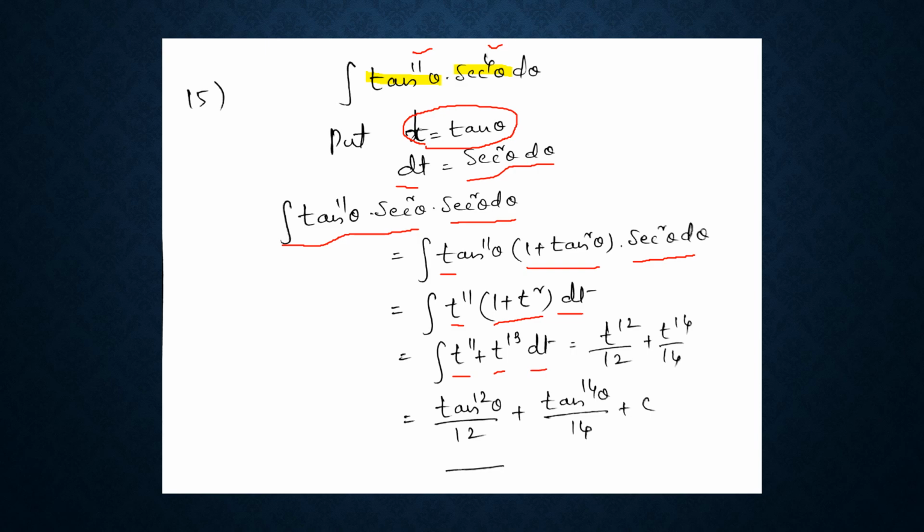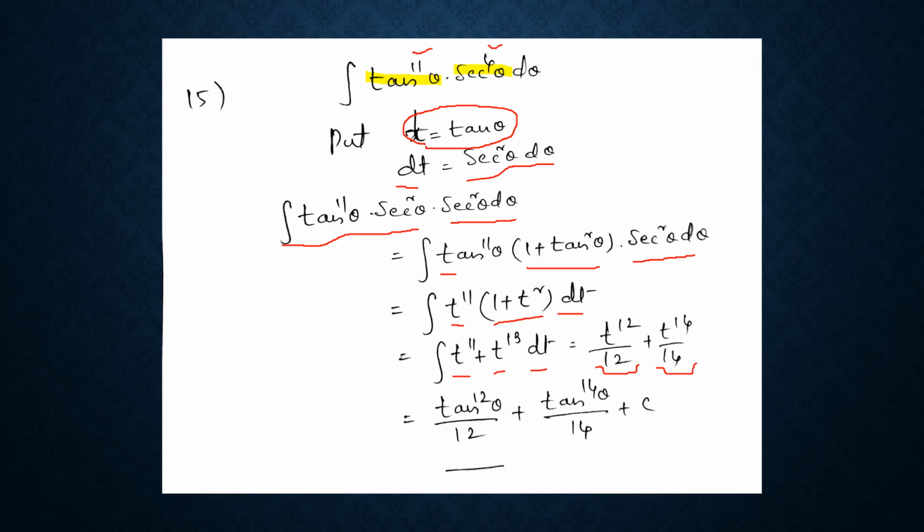By integrating each term separately, we will get integral t to the power of 11 dt is t to the power of 12 by 12 plus integral t to the power of 13 dt is t to the power of 14 by 14.